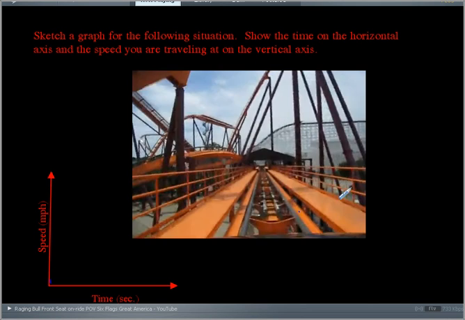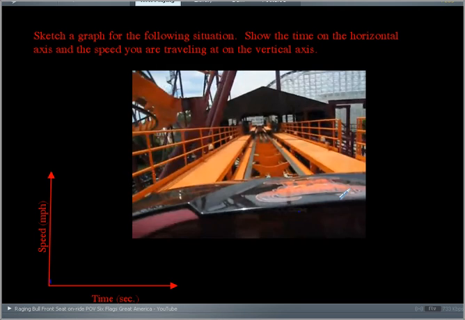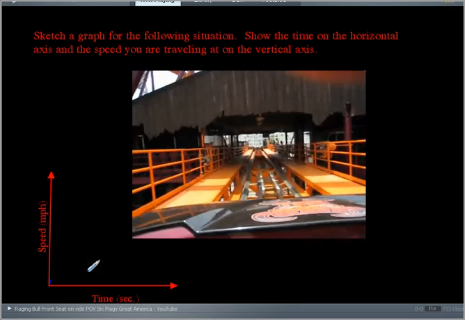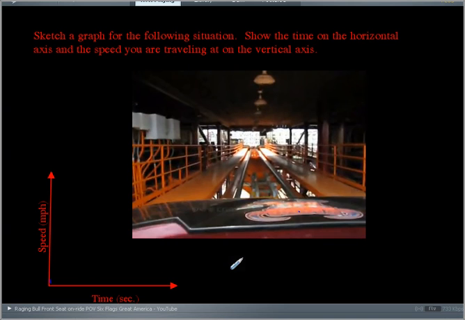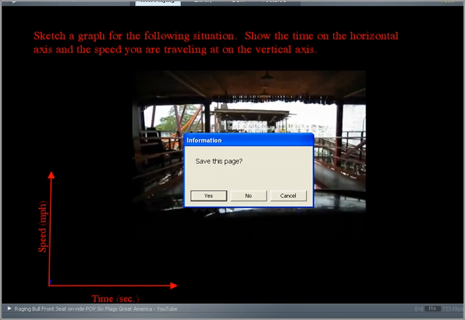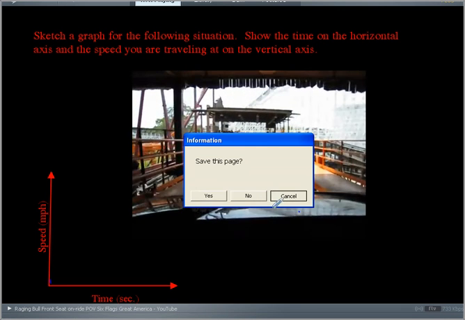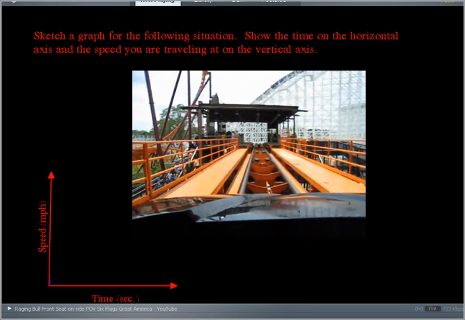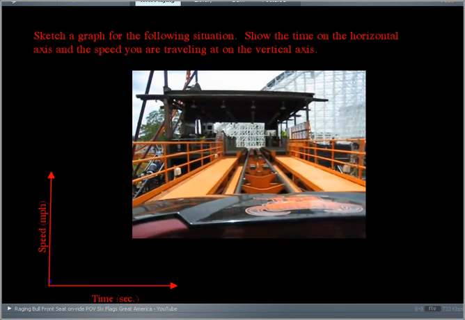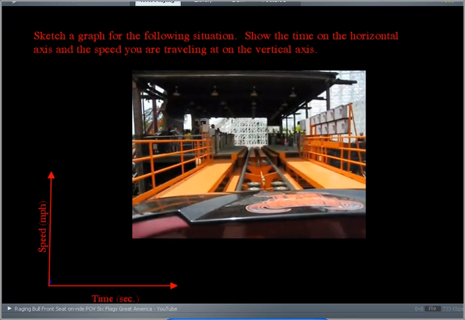And here you go, slow down quickly. And then you're back to going really slowly. And we're done. Well, I hope that was interesting. So that's basically what we're talking about in terms of actually doing this. I hope that all made sense.